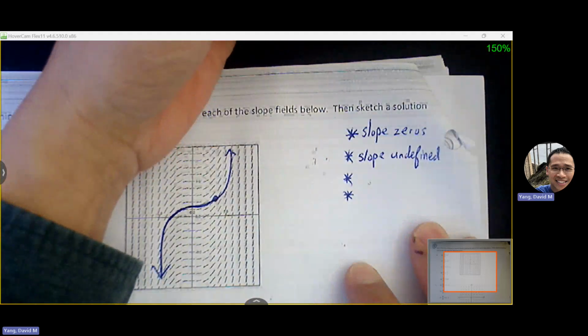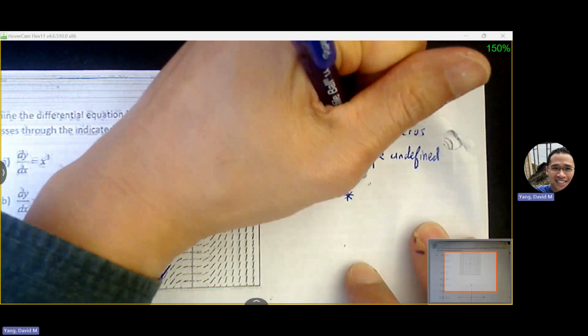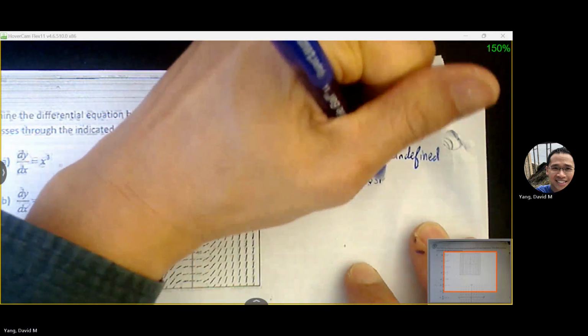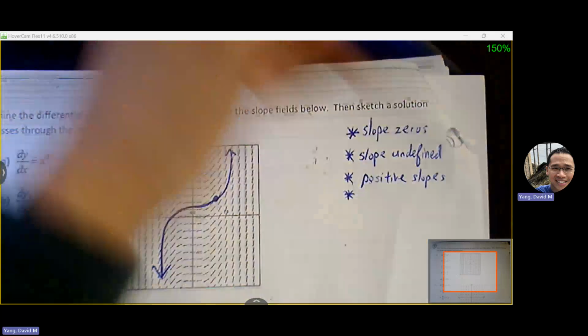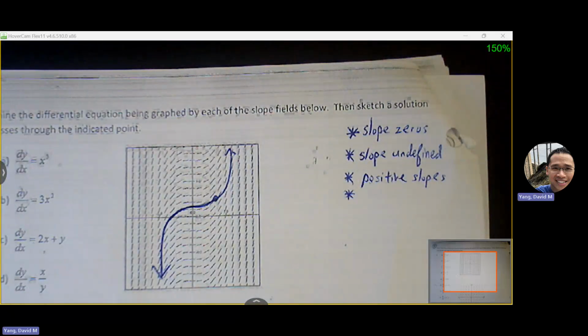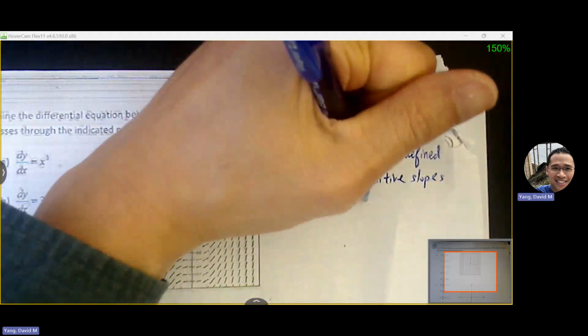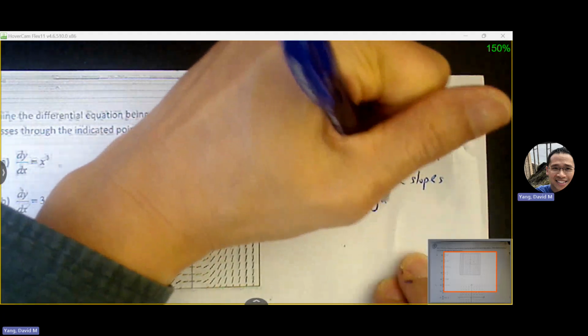Next one, where do I see a collection of positive slopes? Maybe the entire first quadrant is positive slope. That means any ordered pair that I plug in the first quadrant into my derivative, I should get a positive number in return. If I don't, then that can help me eliminate some wrong choices. And finally, where do I see negative slopes?